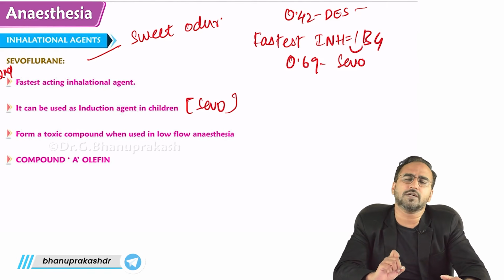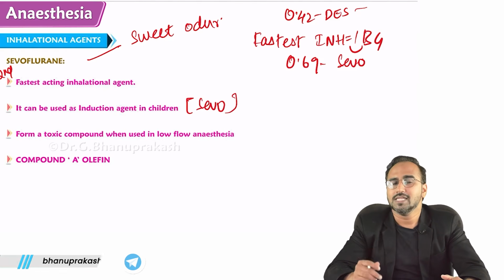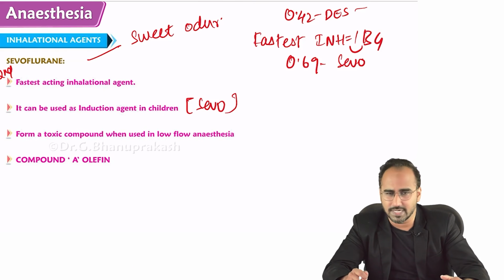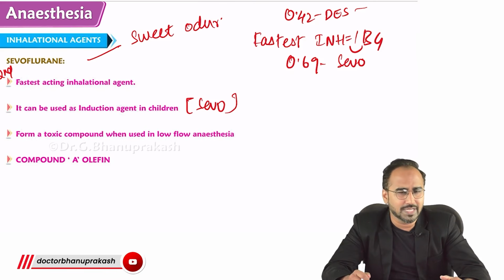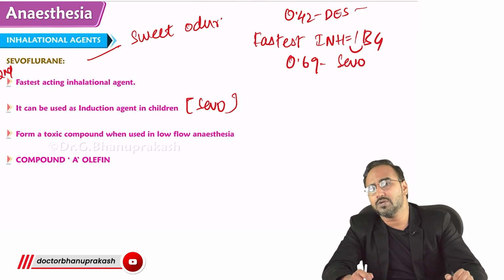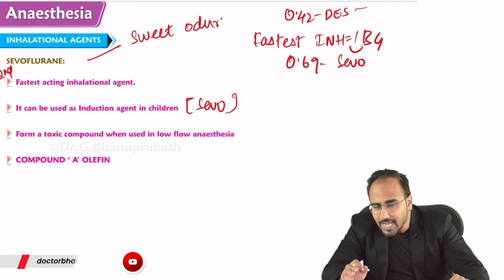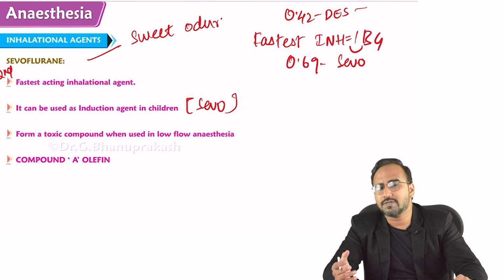One extra point to remember is that sevoflurane is avoided when you are using a closed breathing circuit. We will discuss the circuits later, but whenever you use a closed breathing circuit, never give sevoflurane. Why? Because it reacts with the soda lime.